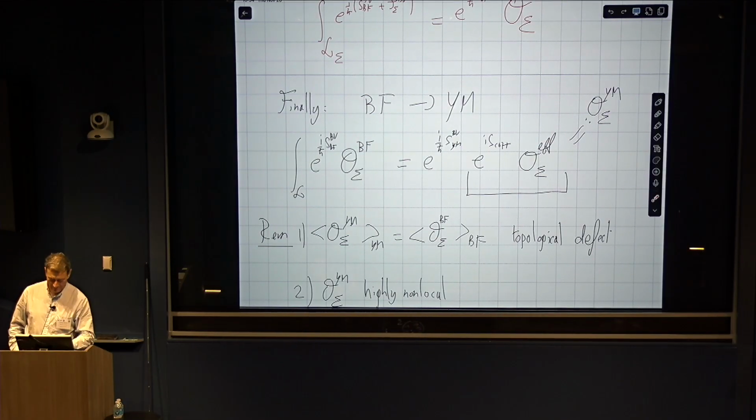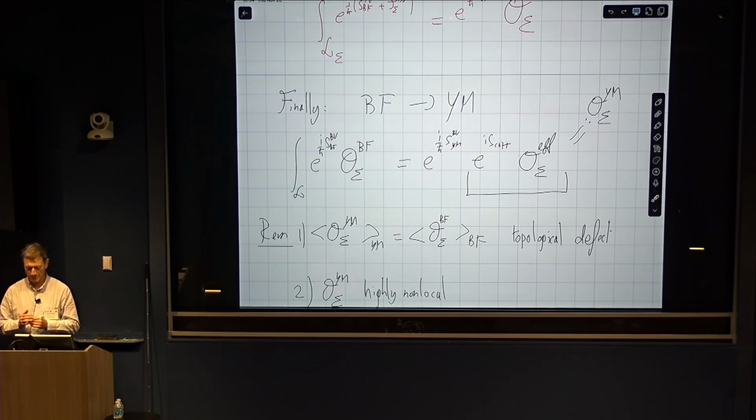But actually, I might decide to consider this product here, which I call O sigma Yang-Mills, and since the action for Yang-Mills theory satisfies the quantum master equation by itself, this observable will be an observable for Yang-Mills theory by itself. So now notice that I don't want to put this correction term into the action functional. I put it inside the observable.